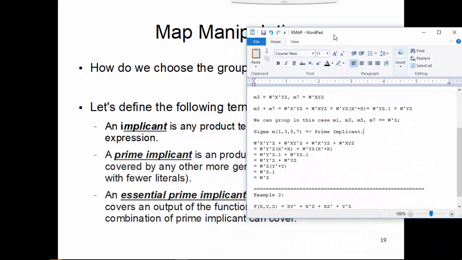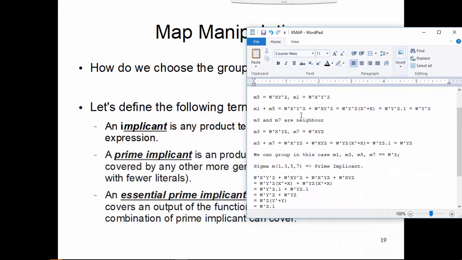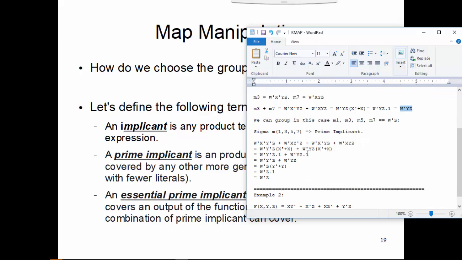We can make a group of M1 and 5 which gives this, and a group of M3 and 7 which gives this, but they are not prime implicants, because we can further reduce these terms by combining 2 or more neighbors with them. In this case, we combined them, we came up with W bar Z, and we cannot combine any other minterm to further reduce this W bar Z. That's why it is defined as a prime implicant.